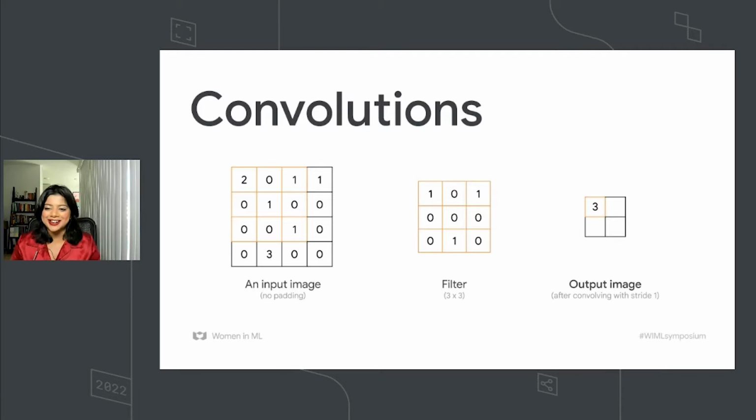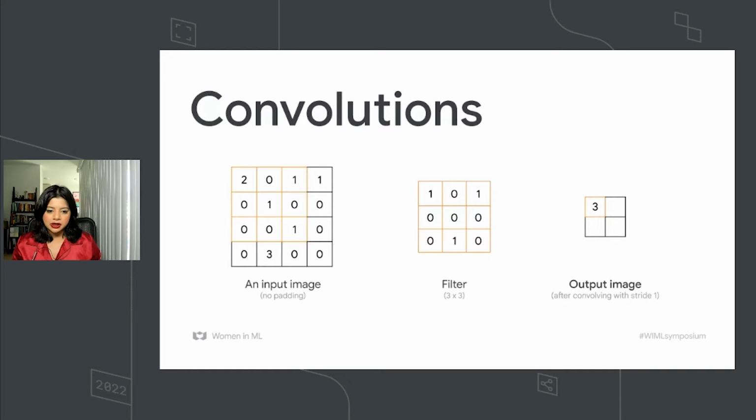But before I do that, here's a quick review of convolutional computation. Essentially, in convolution, we perform an element-wise multiplication between a section of the input image, which here has been translated into pixel values, and a filter. We take each of the values from the element-wise multiplication and add them together to get the result that you can see on the right.